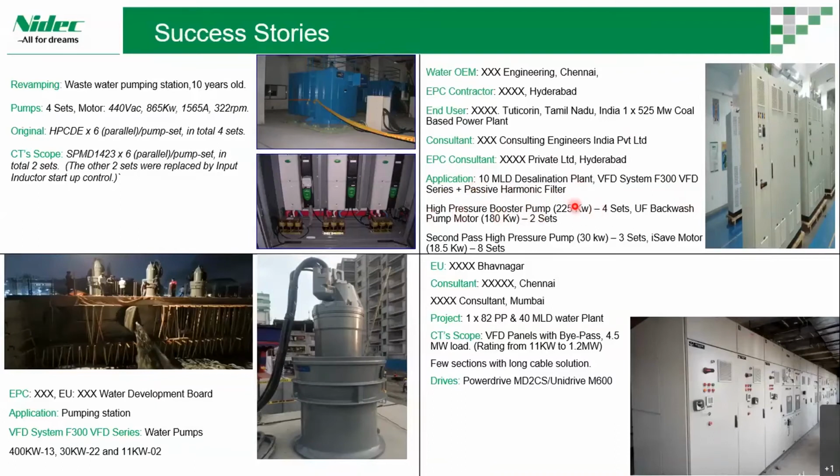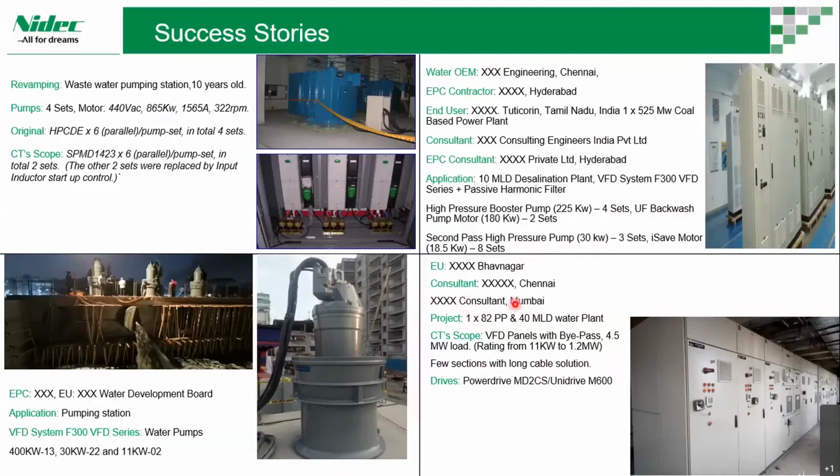For the high pressure booster pump, this is an area where we've used 225 kilowatt drives, and the backwash pump and other areas in this particular project. The third one we want to show is a customer based out of Bhavnagar in Gujarat, in the western part of India.